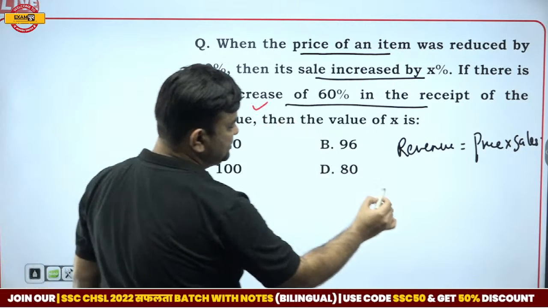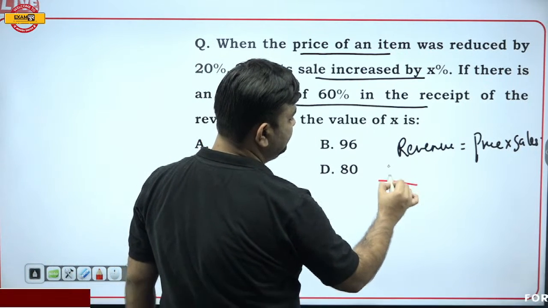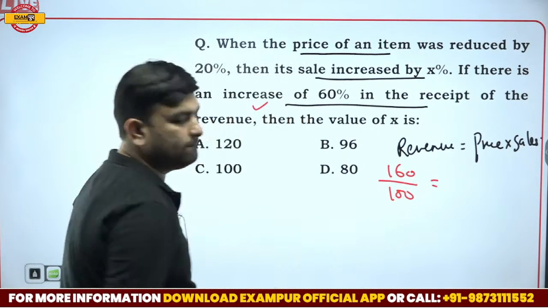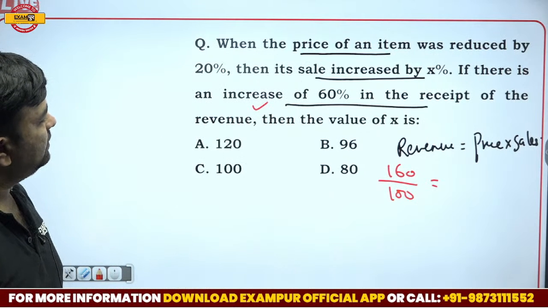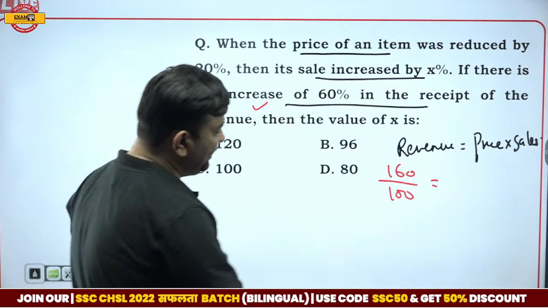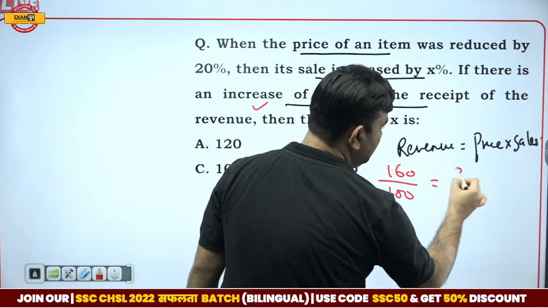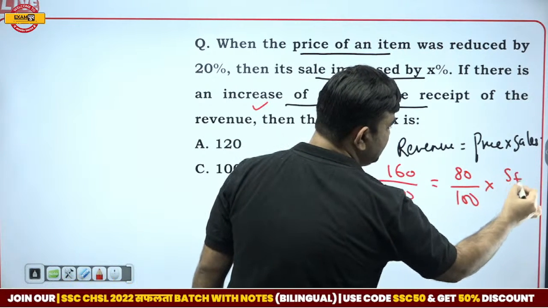Revenue increases by 60%, from 100 to 160. Price reduced by 20%, from 100 to 80. What is the change in the sales?